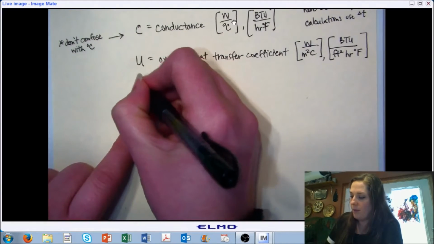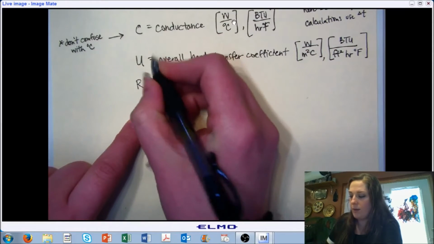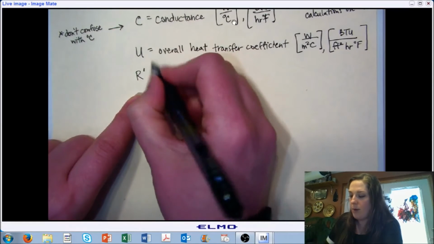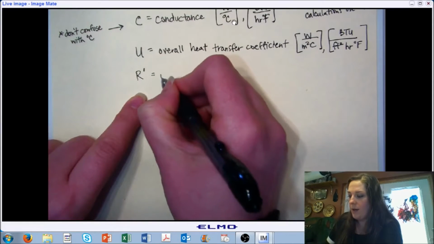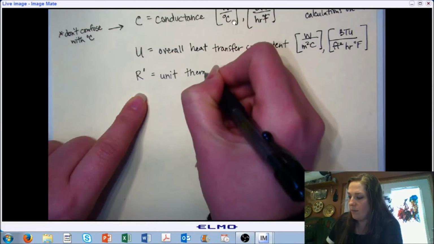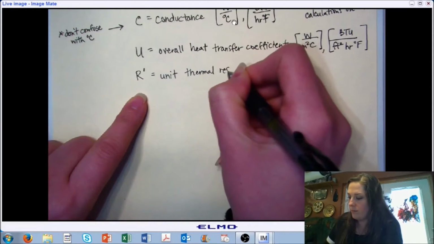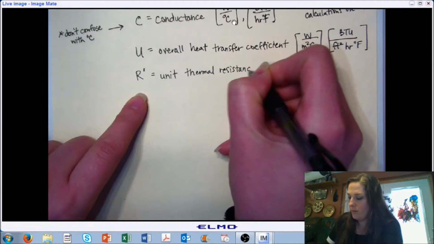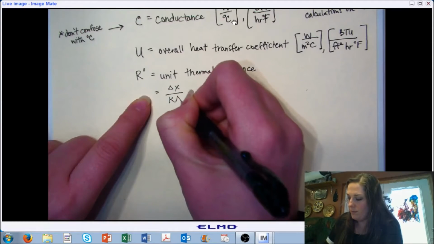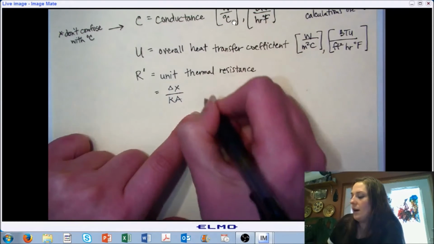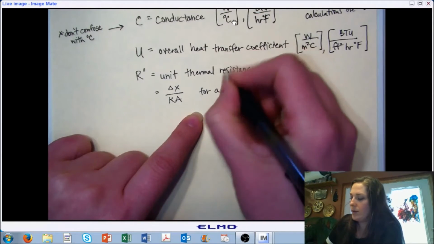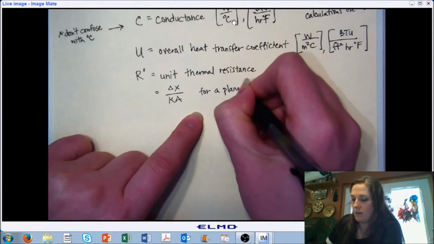Another bit of terminology or notation that you might see, this R prime, or R with an apostrophe, is representative of unit thermal resistance. And we might see this when we're talking about a plain wall surface.